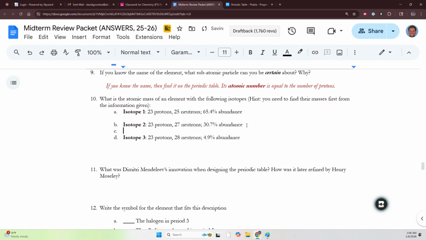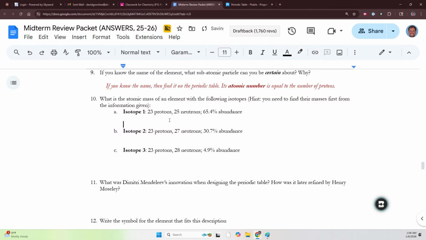I didn't give you directly the atomic mass, but I gave you the protons and the neutrons. So add them together. 23 protons and 25 neutrons is equal to 48 AMU times 65.4%.